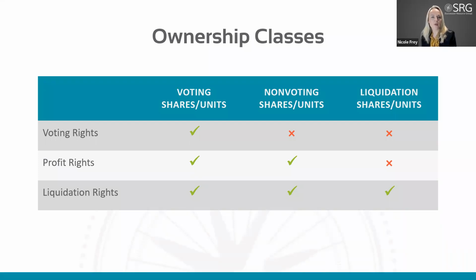So for LLCs, for example, you can put all three of these ownership classes in place, including the voting units, non-voting units, and liquidation units. And each of them includes a certain set of rights, with the voting units having all three rights, and then the liquidation units only having those liquidation rights.